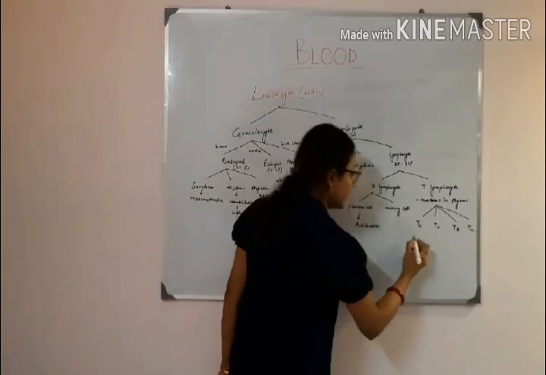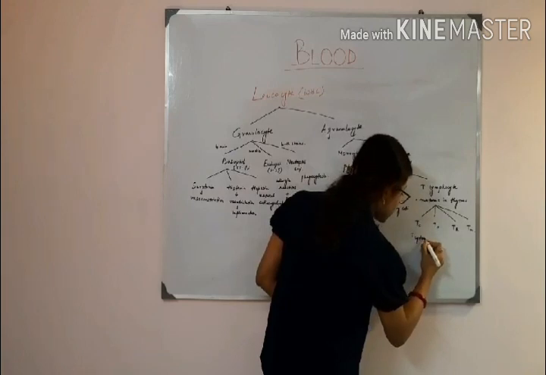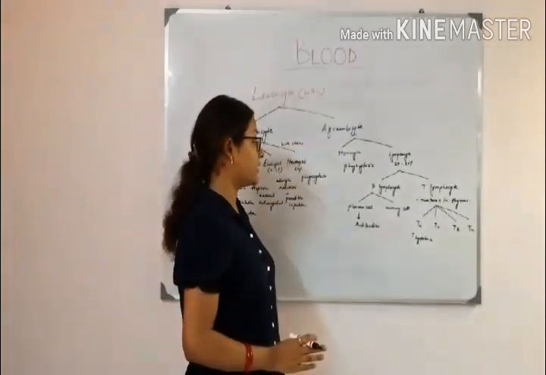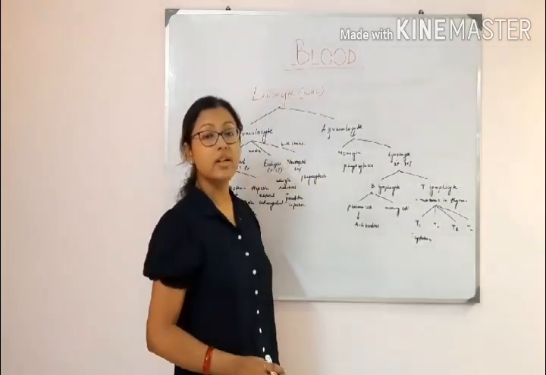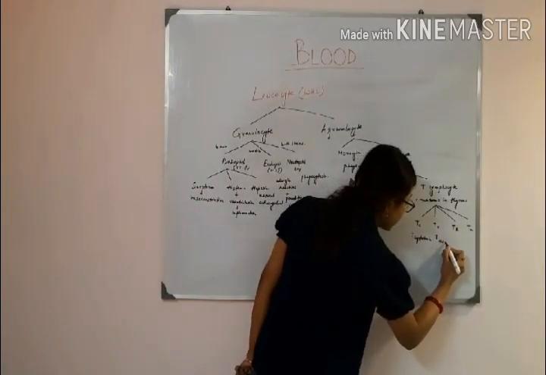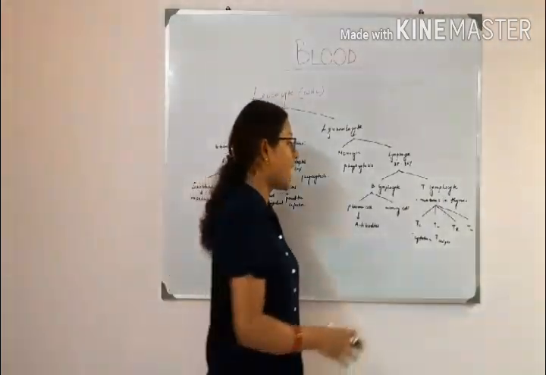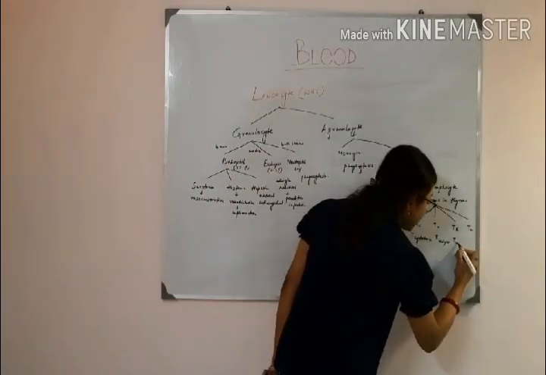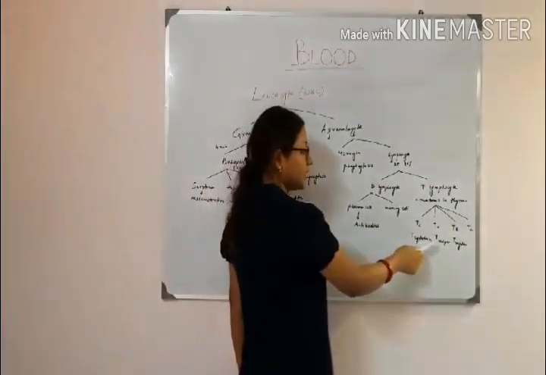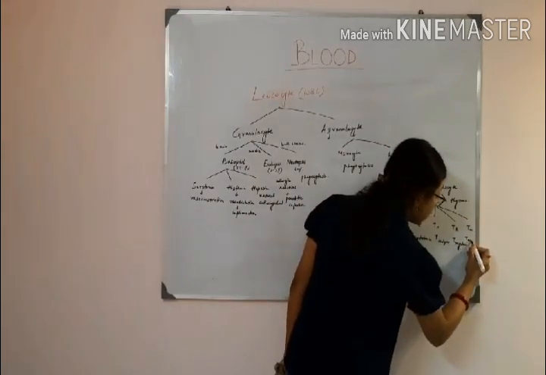TC, T cytotoxic, helps in direct destruction. TH means T helper. It destroys with the help of somebody. And TR, T regulator, which regulates both these processes. And TM, which is T memory.